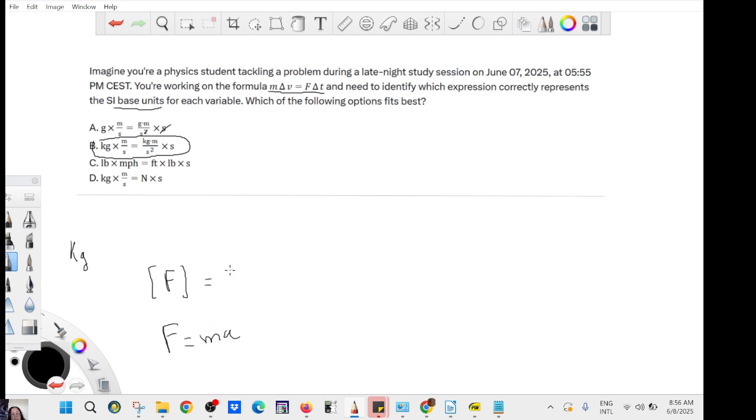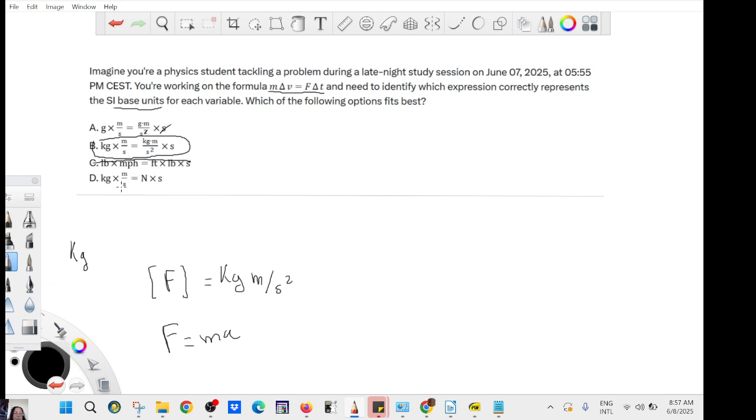So it's going to be mass, and acceleration is meter per second per second. So that could work. And then this one doesn't work. It's not an SI unit. And anyway, mass is not a force. Pound is the British unit for force, and mass is not a force. So that doesn't work.